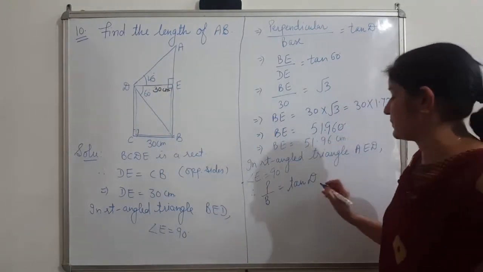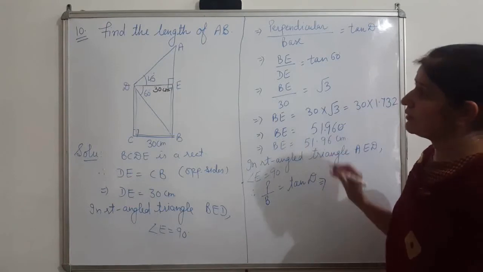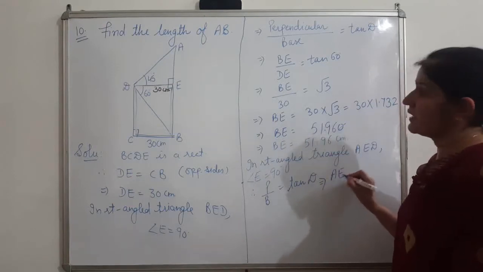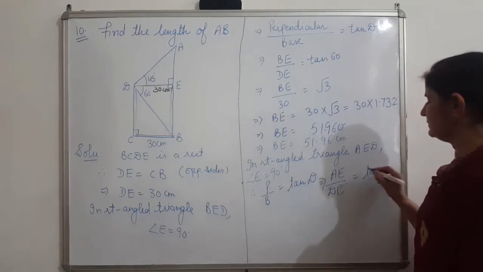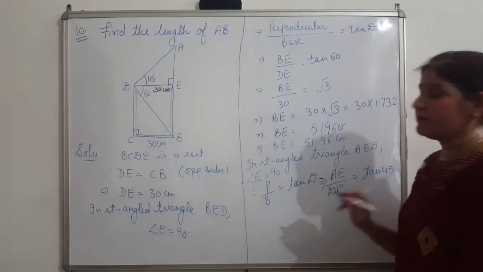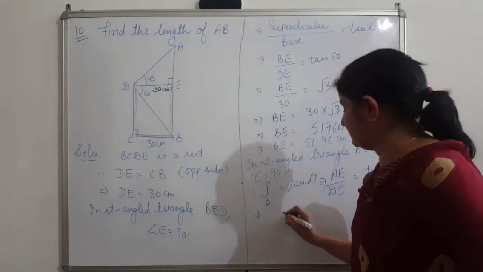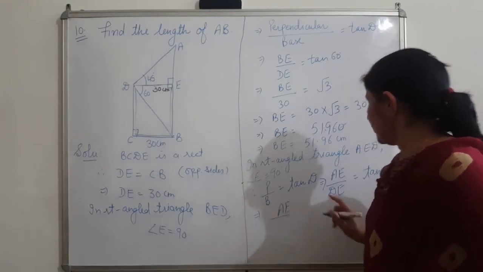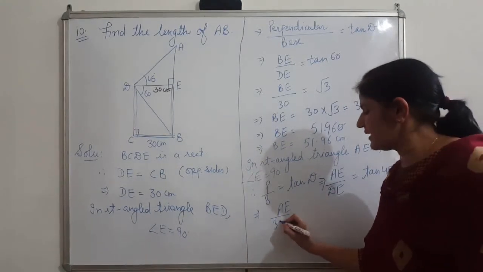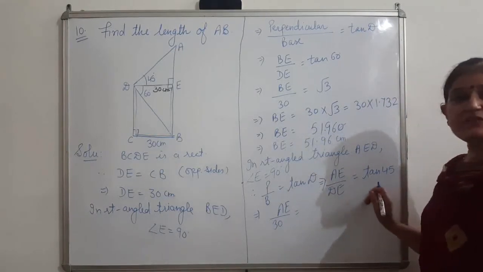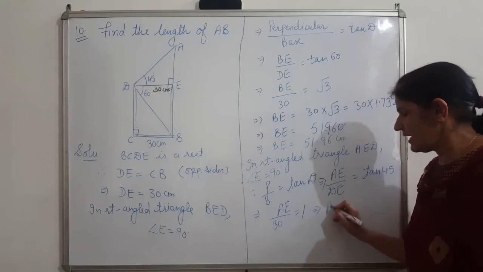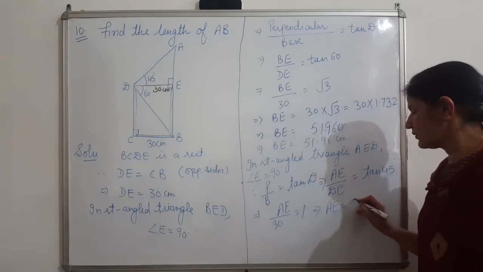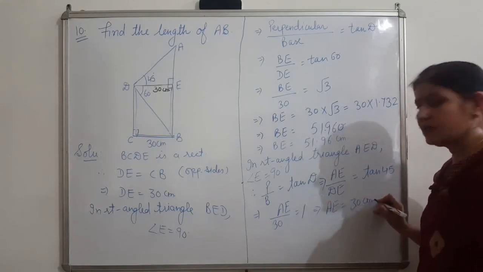Accordingly, you have to see. So, what is perpendicular? AE, base is DE equals tangent 45. What is DE? 30 centimeter and value of tangent 45 is 1. That means AE equals 30 centimeter.